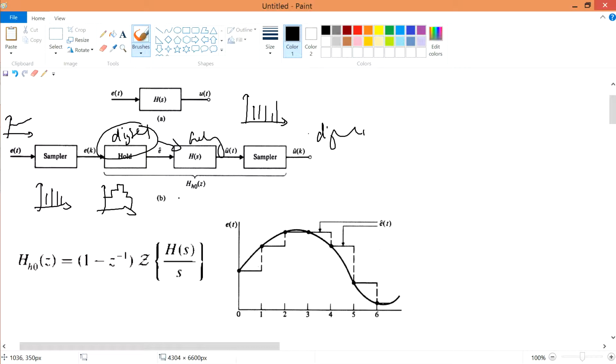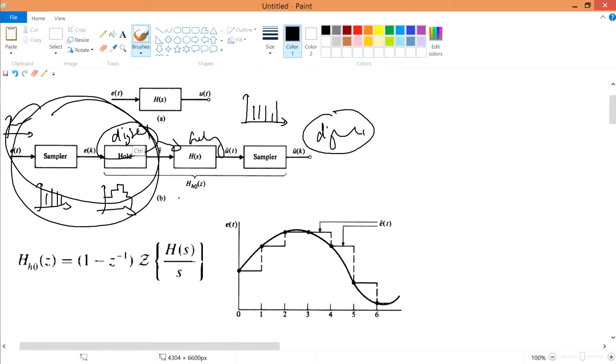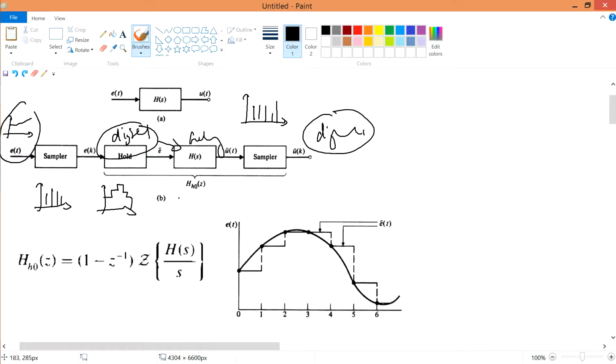You see, that's a bit inefficient, right? So I repeat again. Over here, this is the analog. You sample it, and then you hold it. It becomes digital. But over here, there is no point in doing so, because you convert back to the time domain and retake the sampling data in order to output to a digital system.